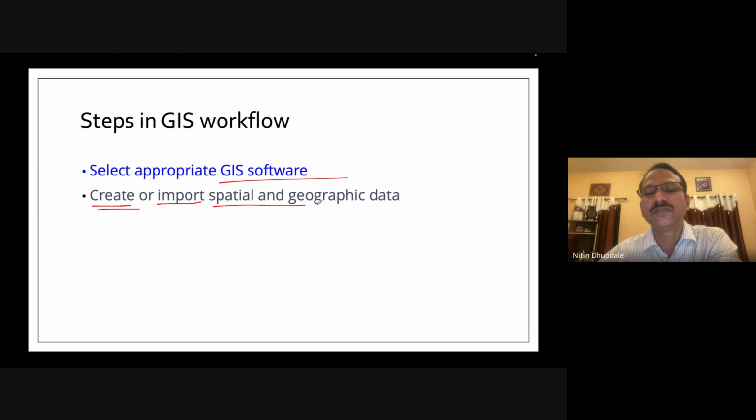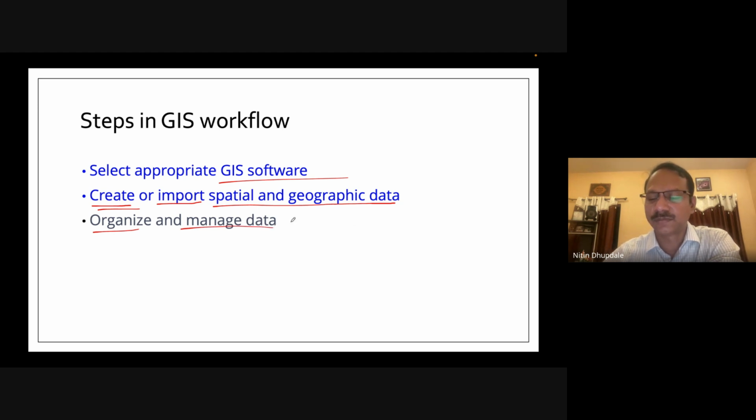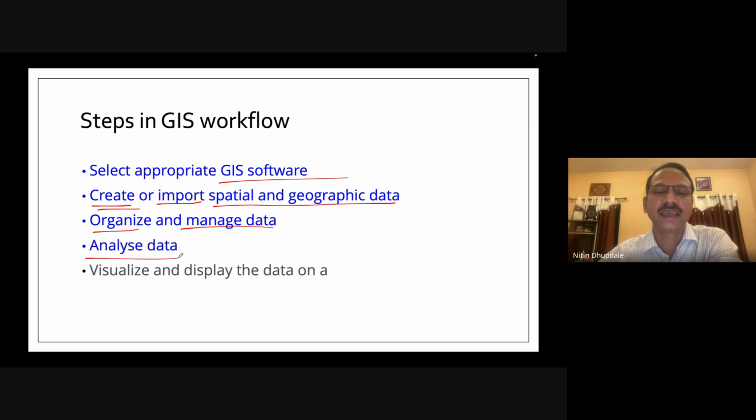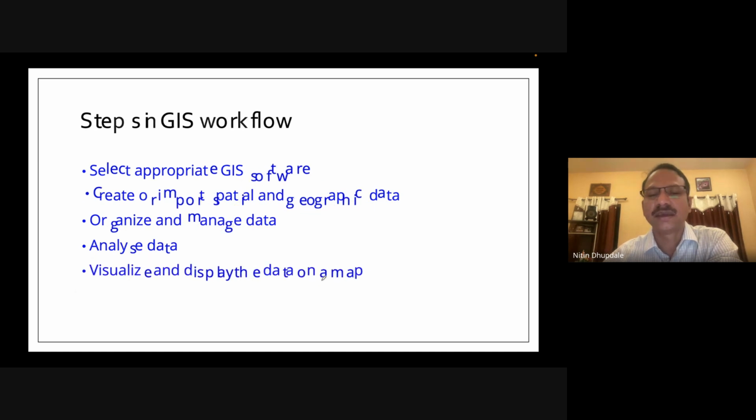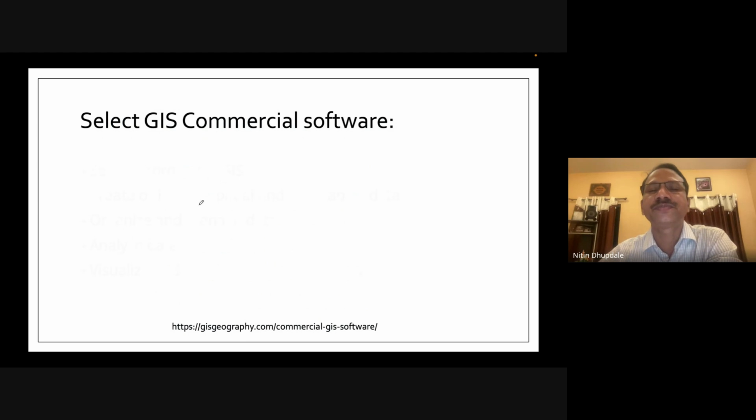This spatial and geographic data is gathered, organized, managed, and pruned; if we need some modification, we do it so that we can use it in our GIS and do the analysis. Then we visualize it in the GIS software, display the data on the map, and ask questions about it.